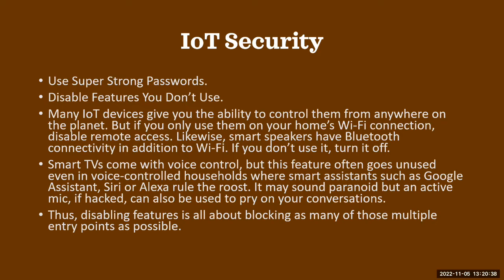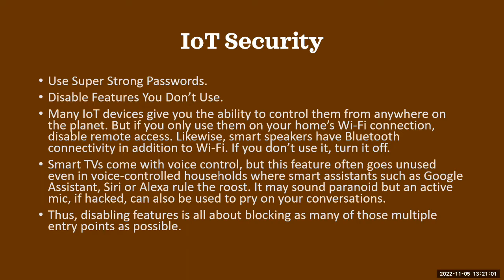Disable features you don't use. Many IoT devices give you the ability to control them from anywhere on the planet. But if you only use them on your home's Wi-Fi connection, disable remote access. Likewise, smart speakers have Bluetooth connectivity in addition to Wi-Fi. If you don't use it, turn it off.